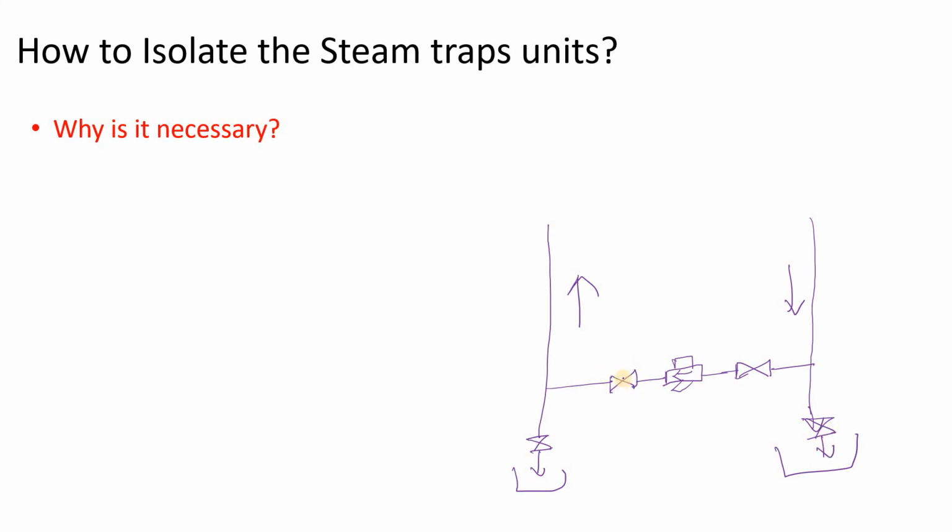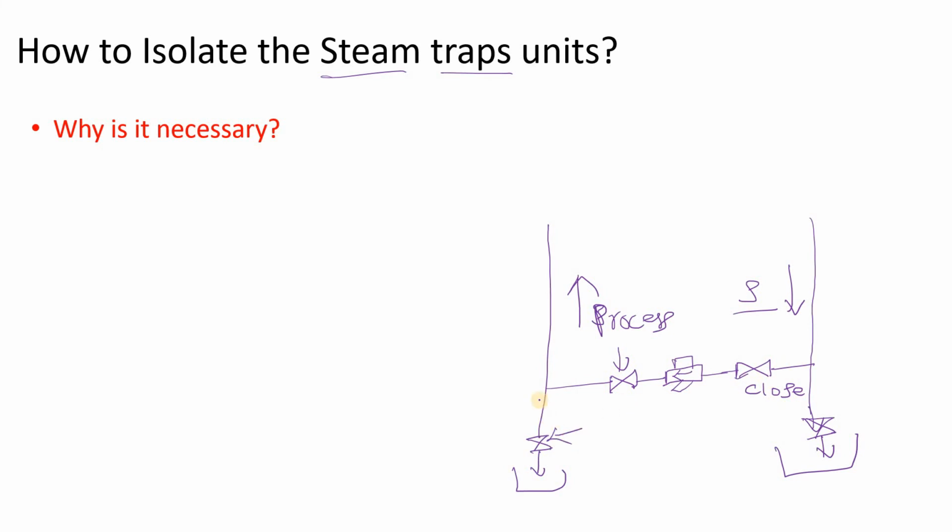Now see here, if I want to isolate this steam trap, what I will do is close this IV of the steam, then I will close this IV, that is the process condensate IV. I will close both IVs, and then I will open this one.